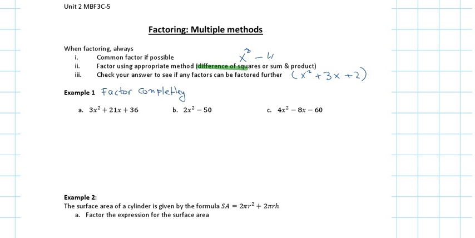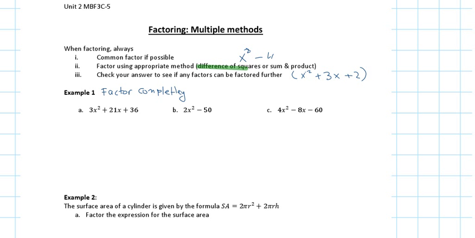What is it? 3. No x's, right? Because this has an x, this has an x, this doesn't have an x, right? So x is not a common factor, it's just the number 3. Because I can divide 3 by 3, I can divide 21 by 3, I can divide 36 by 3. Okay, so 3 is my common factor.